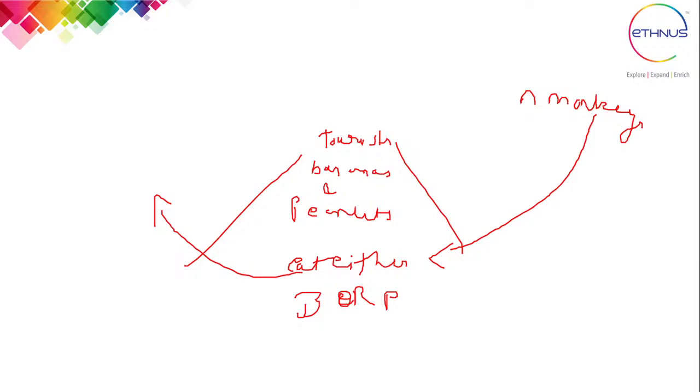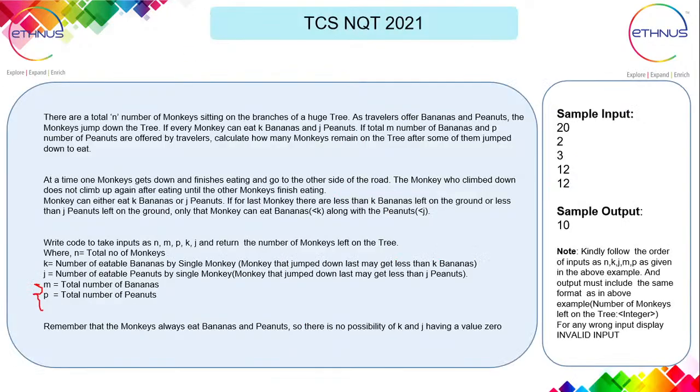So each monkey can eat either k bananas or else j peanuts.